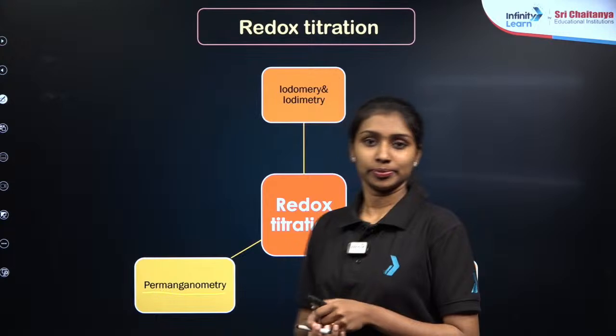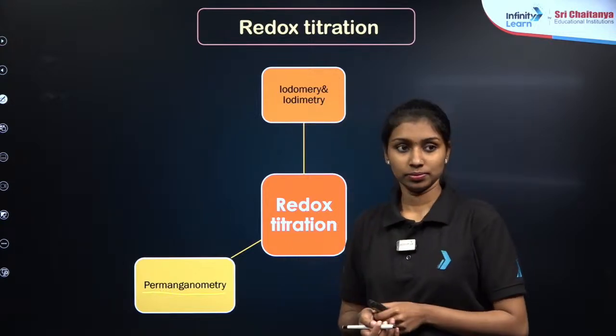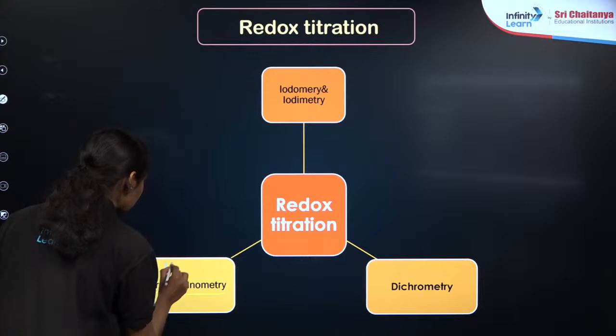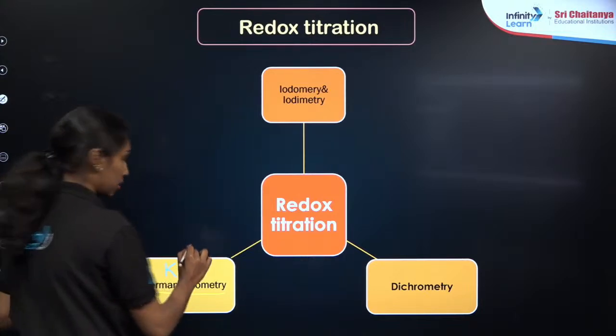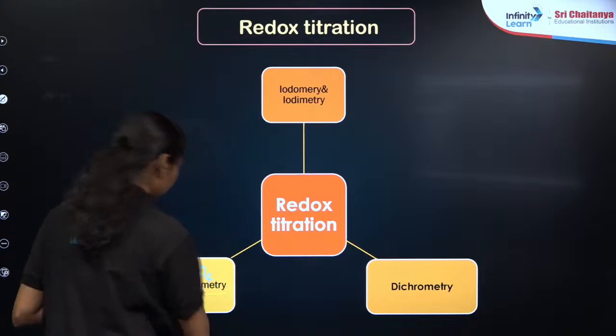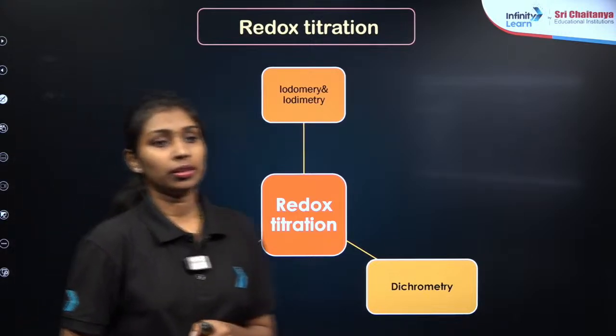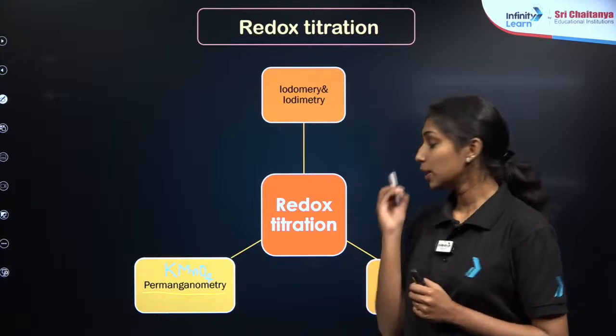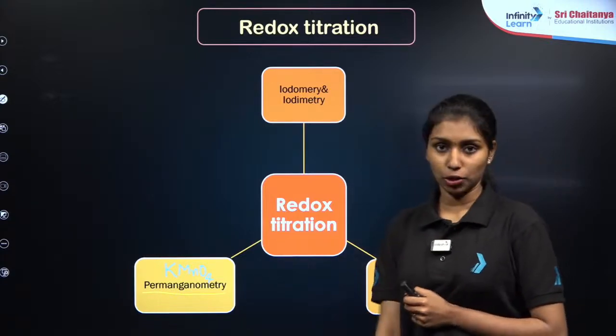Permanganate. KMnO4, right? That is potassium permanganate, the commonly used chemical in the case of permanganometry.